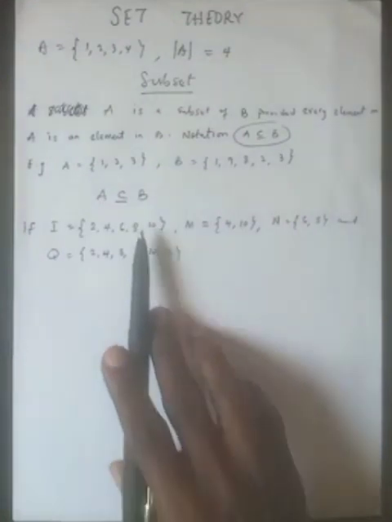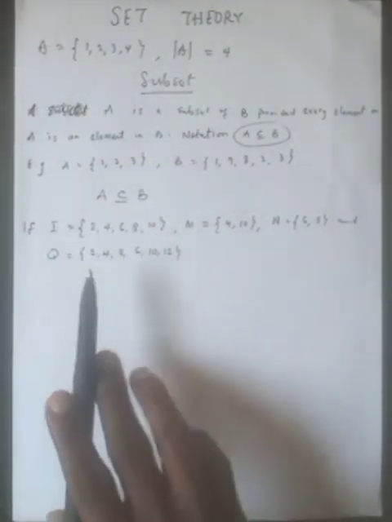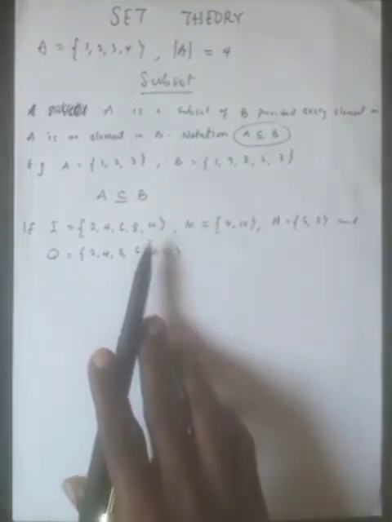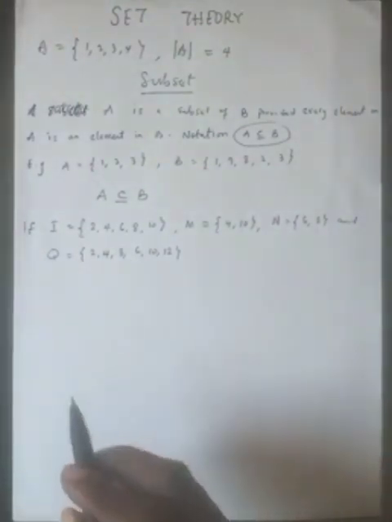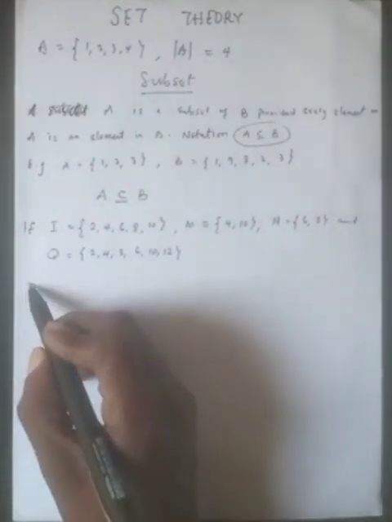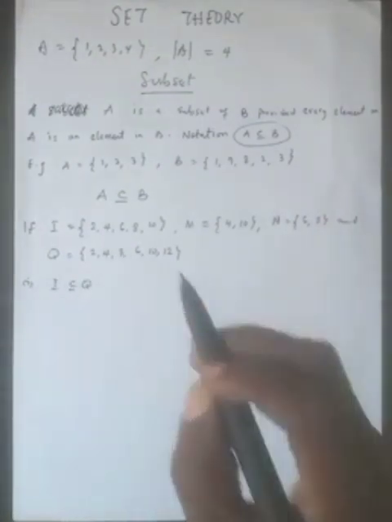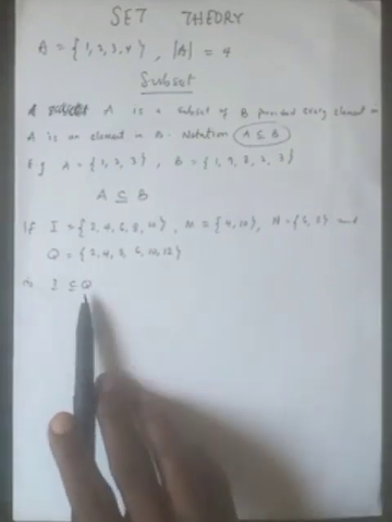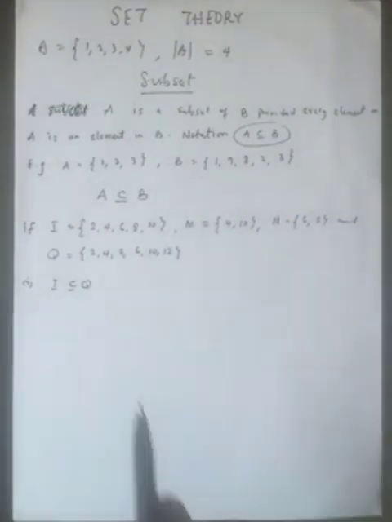When we compare the two, we can see that every item in set I can also be found in set Q. So I is a subset of Q. Mathematically, that is written as I, this symbol, Q, meaning all the elements in I are also present in set Q.